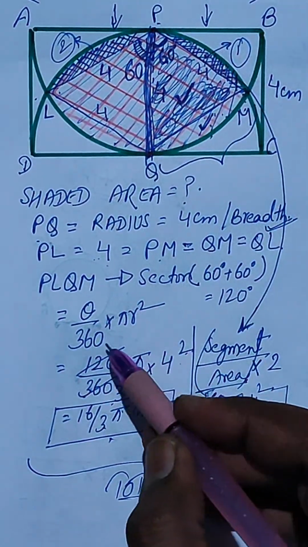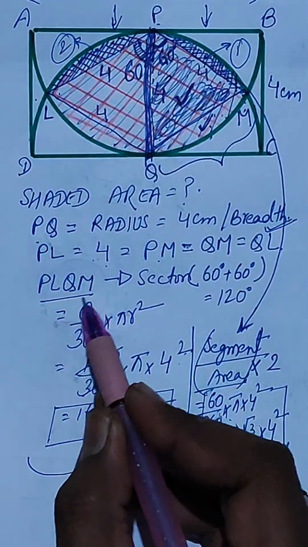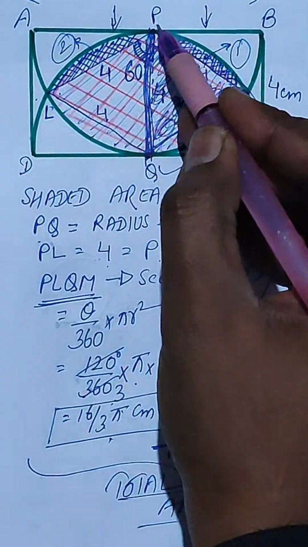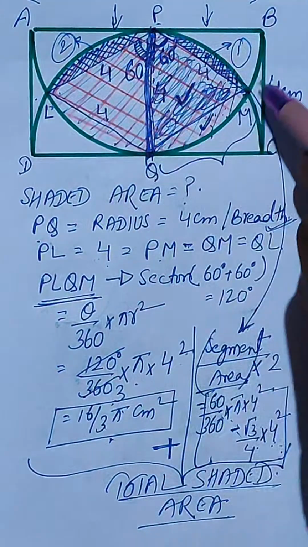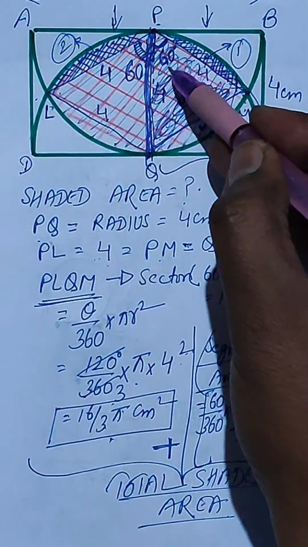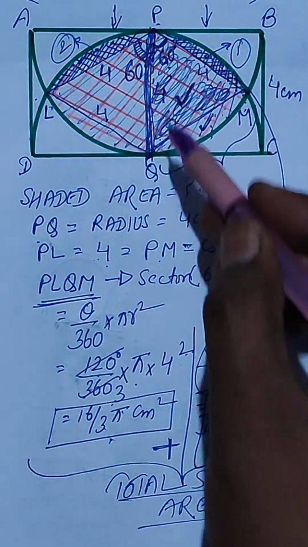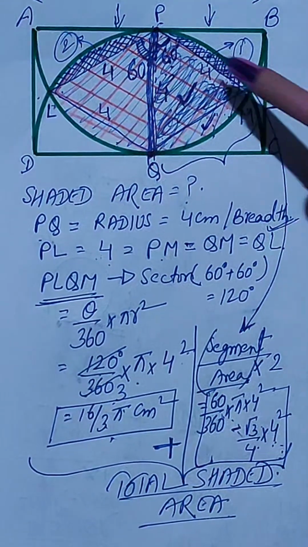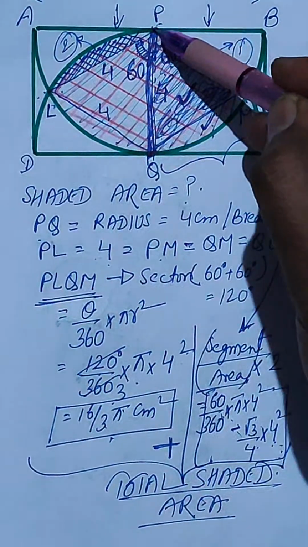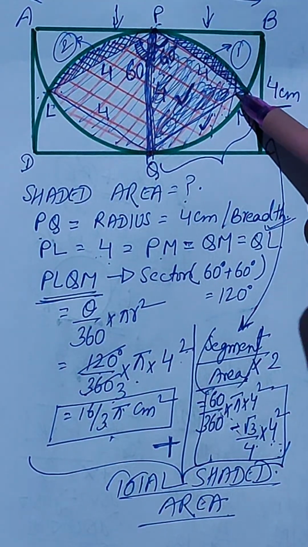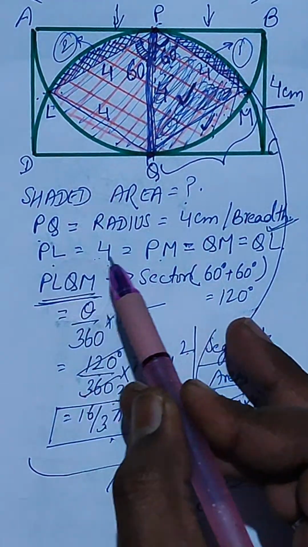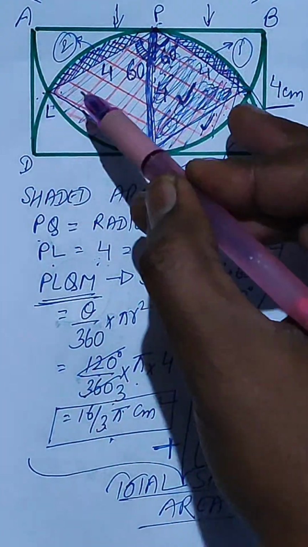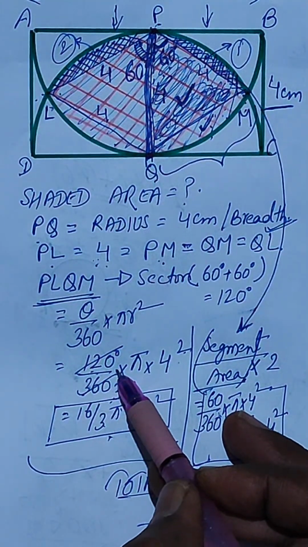To calculate the area of the sector PLQM, the biggest sector, with angle 60 plus 60, that is 120 degrees. How did this 120 degrees come? Because PL and PM are radii of the semicircles, both equal to 4, making a bigger sector whose angle is 120 degrees.